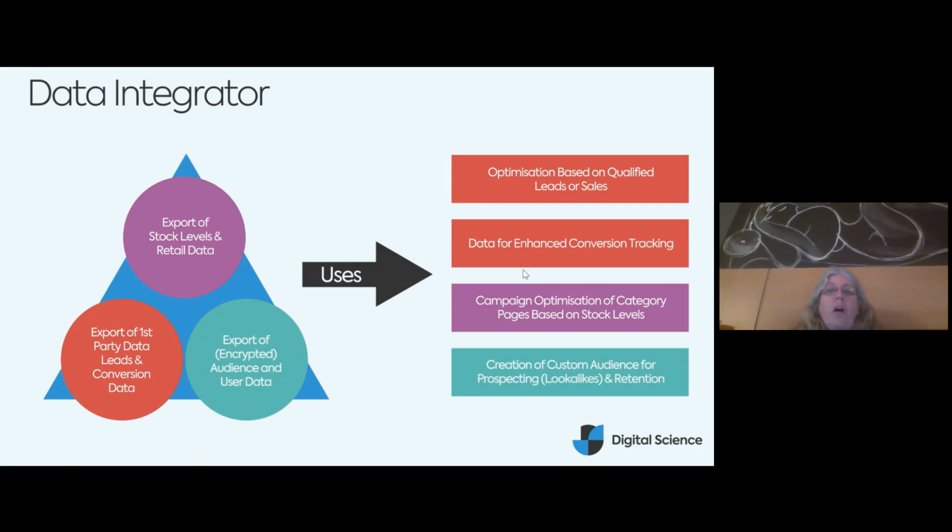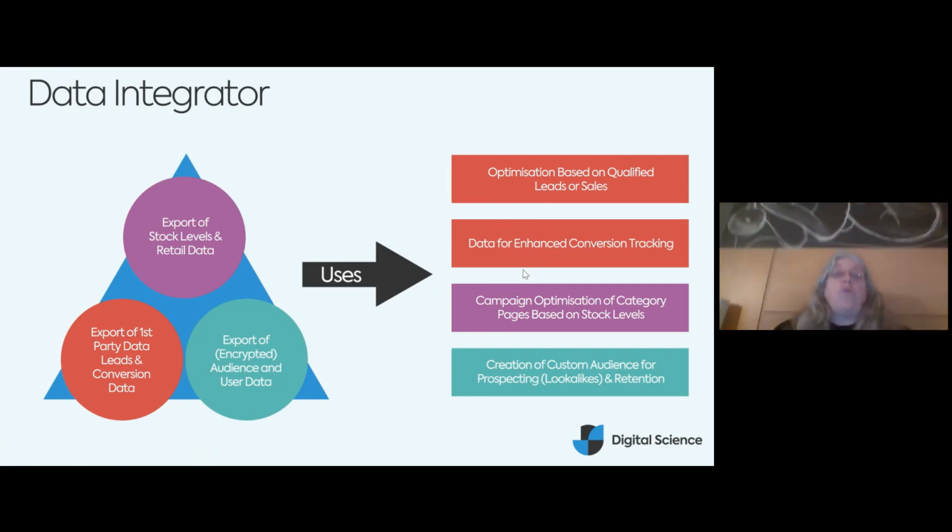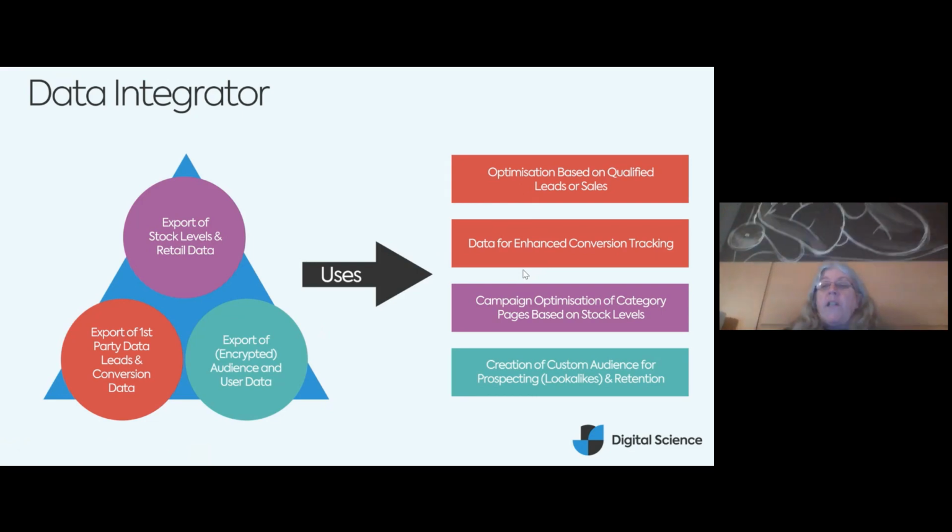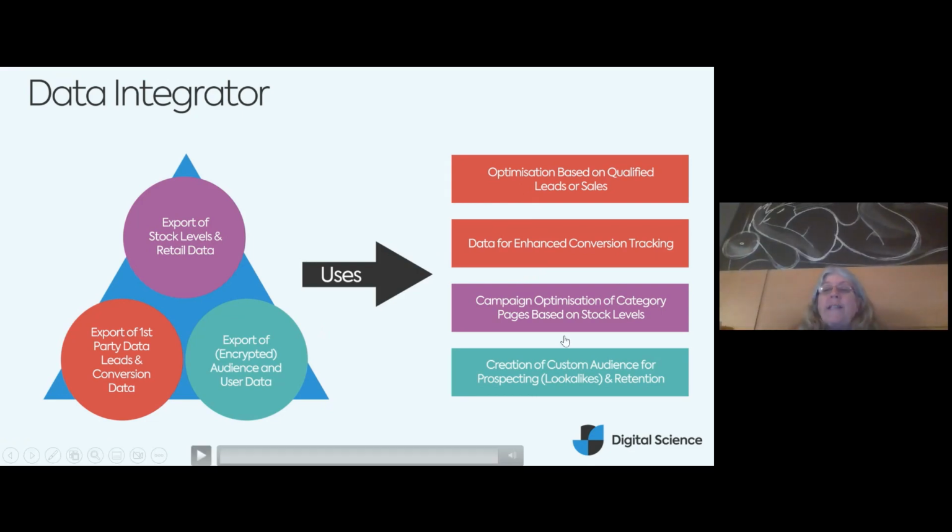My second one, the purple one, is using the exports of stock levels or retail data, and then using that, for example, to optimize category pages based on stock levels. I will explain this in a little bit more detail in a second. But this means that if you're doing an e-commerce website, most of your advertising will be shopping ads.